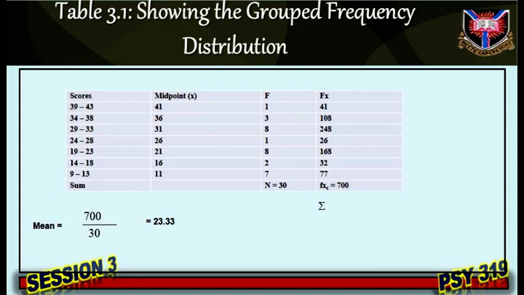To determine the mean for the grouped data, you sum the fx and divide it by n. That is, mean is equal to summation fx over n, which is equal to 700 over 30, which is equal to 23.33.